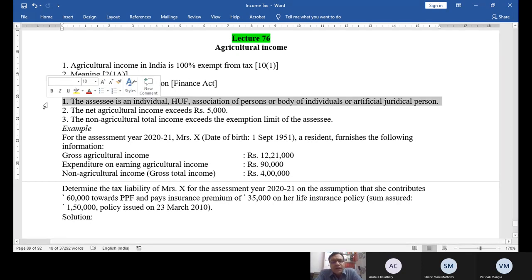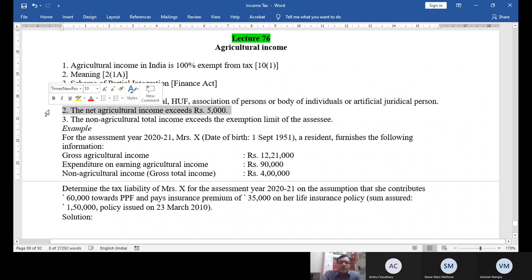Otherwise, if I had shown you other provisions of the Finance Act, other subsections, then this scheme is applicable to an individual, HUF, association of persons or body of individuals or artificial juridical person. It is not applicable to a partnership firm and to a company and to a local authority. That's it. This is the first point. But I am concerned with individual and HUF only.